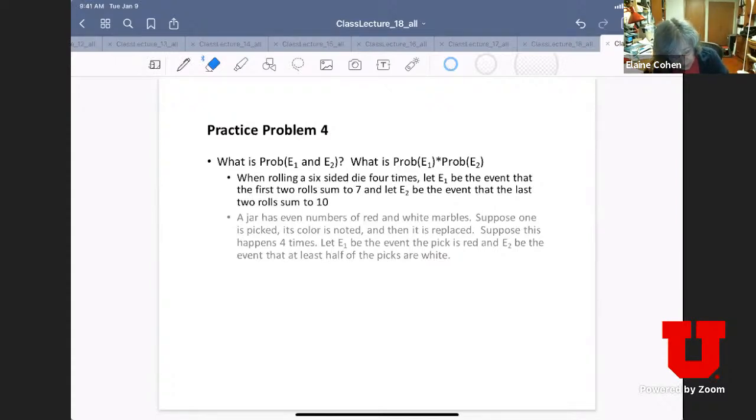The number of events in our sample space, N of S, is equal to, you have a 6-sided die, so each side is equally likely, and we're rolling it 4 times. So we have 6 to the 4th possible outcomes.